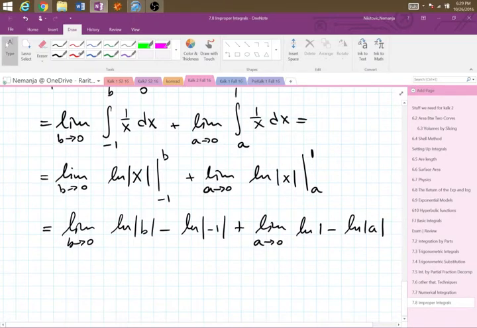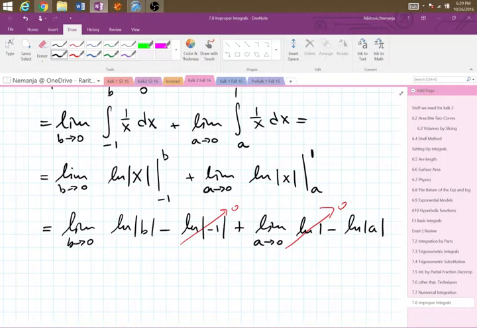Now, two of these go to 0 because ln of 1 is 0. And then we have ln at 0. Well, that's negative infinity.